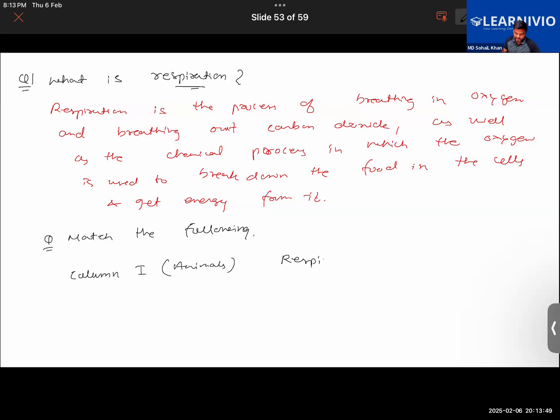Aerobic and anaerobic respiration, good. Can you tell me what the differences between the two are? In both of them, food is broken down. So what is the difference?